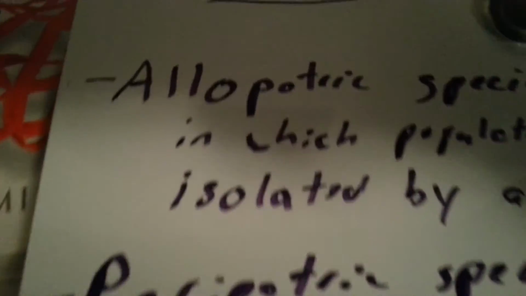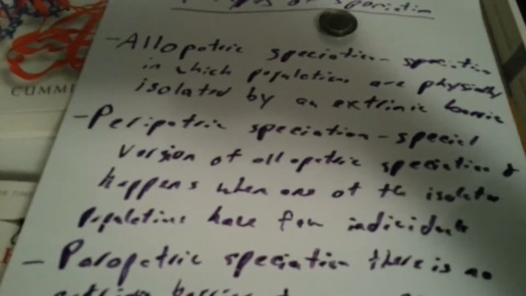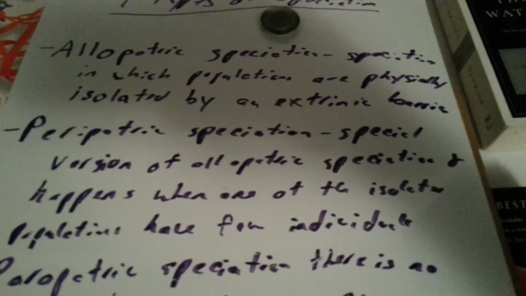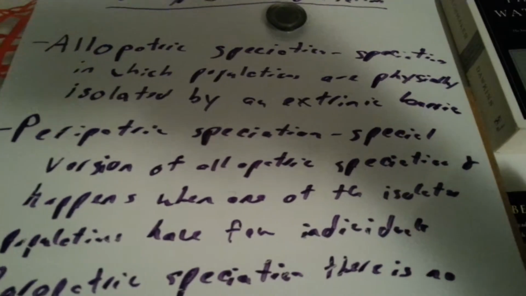Well, first, of course, you've got allopatric speciation, which is speciation in which populations are physically isolated by an extrinsic barrier. Parapatric speciation is a special version of allopatric speciation and happens when one of the isolated populations has few individuals.